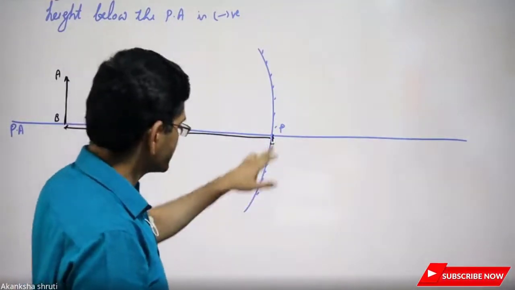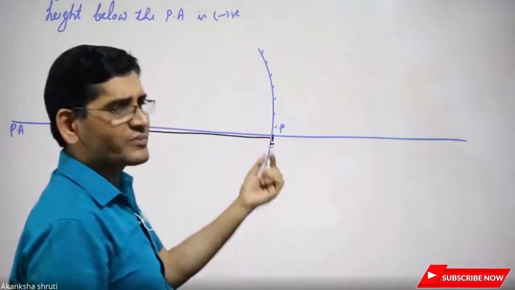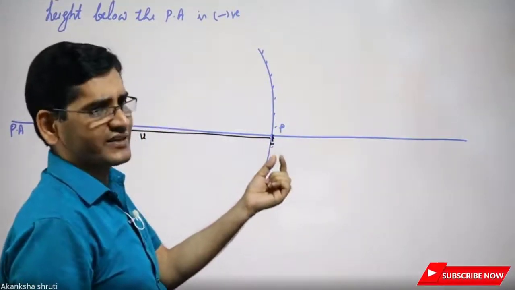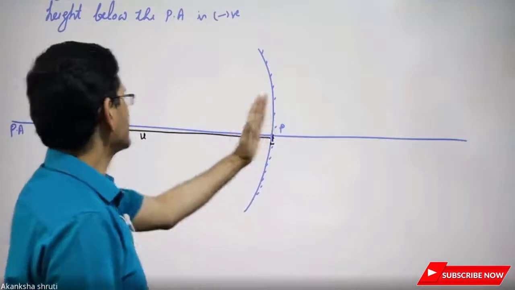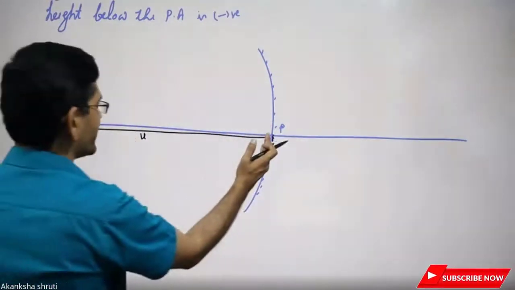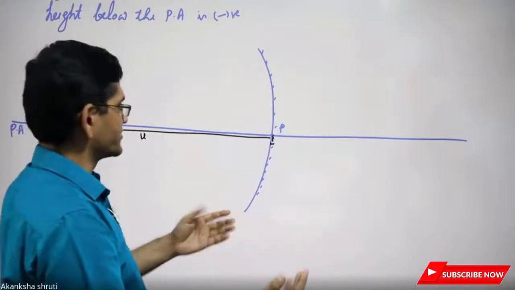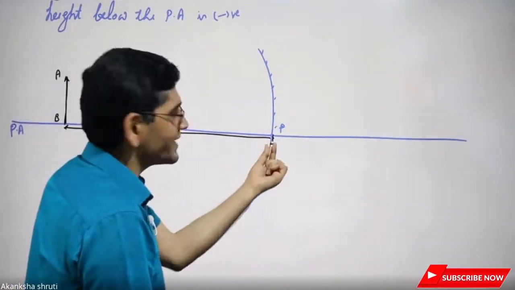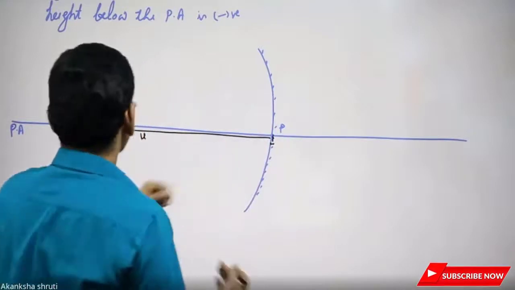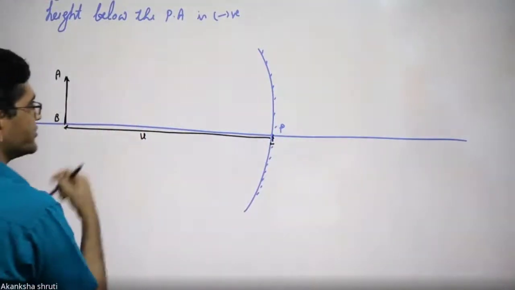Because of this curvedness, there is hardly a few millimeters or even hardly 1 centimeter of curve. But this object can be placed even in meters or even in kilometers. So that's why this curvedness is neglected. That is one thing.